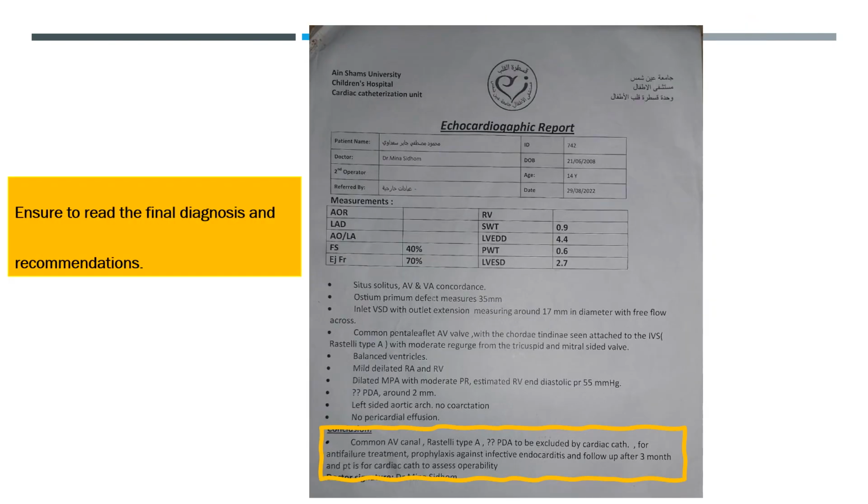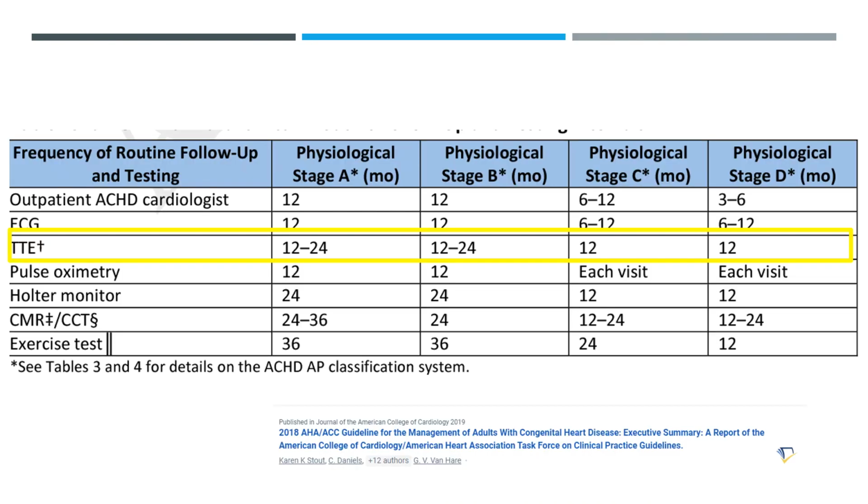And make sure, please, to read the final conclusion, which will include the diagnosis and the opinion of the echocardiographer about the possible management of this patient. Guidelines exist on the optimal duration of transthoracic echocardiography in patients with congenital heart disease, but usually we do annual screening for patients or maybe earlier if there is an indication.